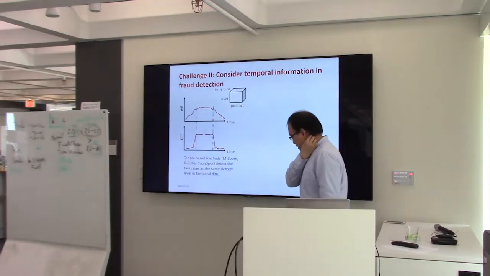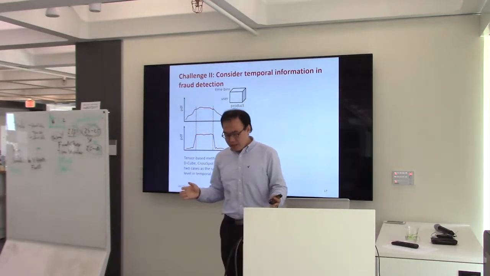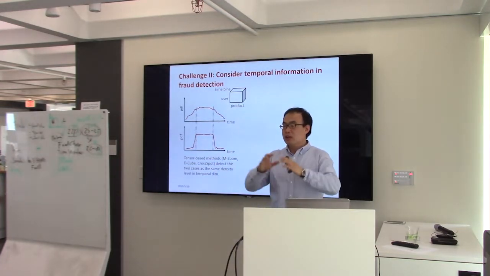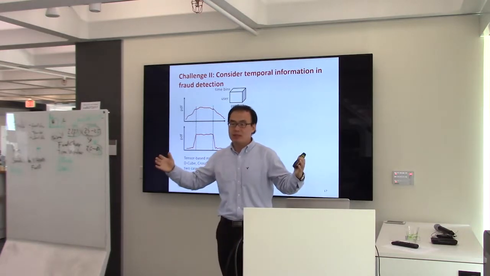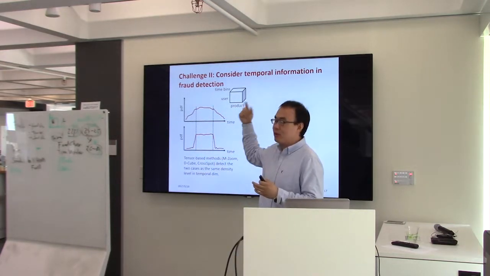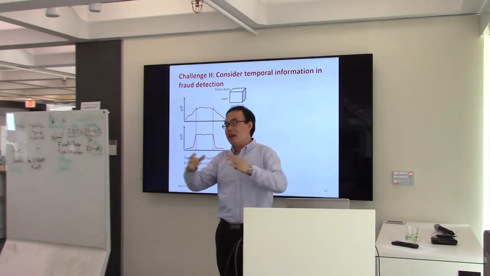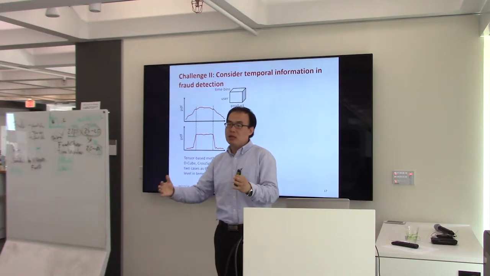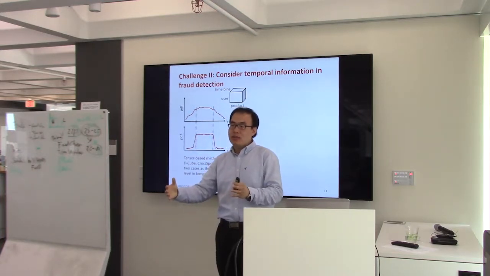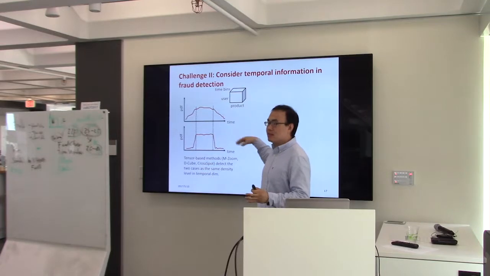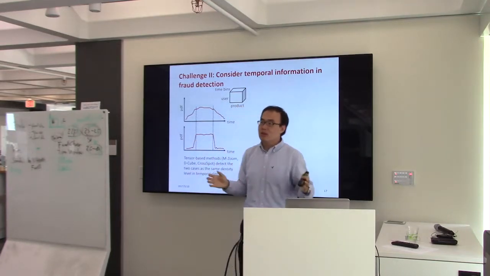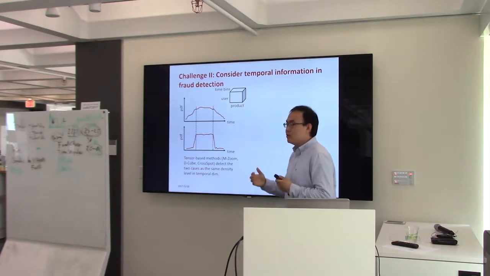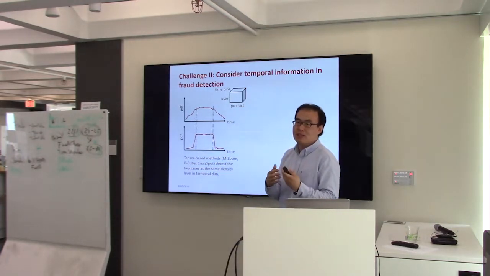The other challenge is that even if the fraudsters have a larger number of accounts, we assume they have larger resources, and they can also create extremely low density areas. In that case, all the density-based algorithms will be attacked by the fraudsters. So we need to employ more information, like timing information.